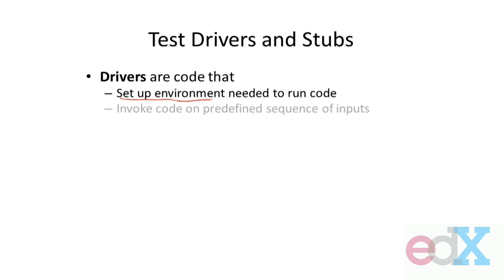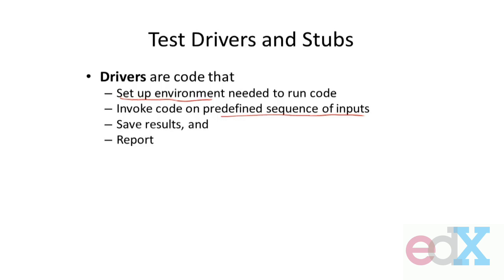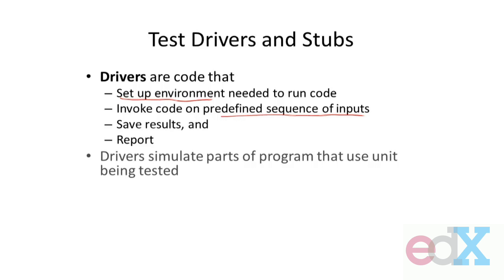It's then going to take that test suite, that sequence of inputs, and run the code on each one, and save the results and report back out. So a test driver is basically a piece of code that does the testing for us, builds the environment, takes and implements the test suite, and runs it. The nice thing about drivers is that they basically simulate parts of the program that use the unit being tested. So they're going to do the actual simulation of the testing that we want.